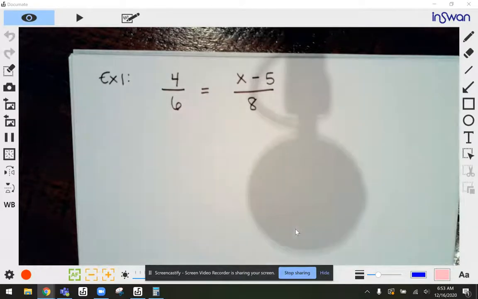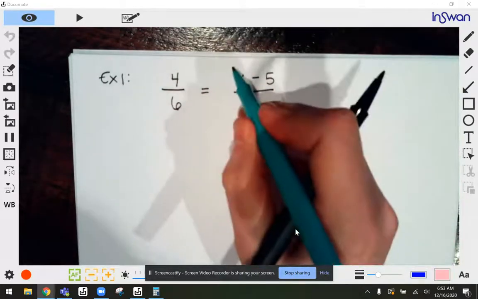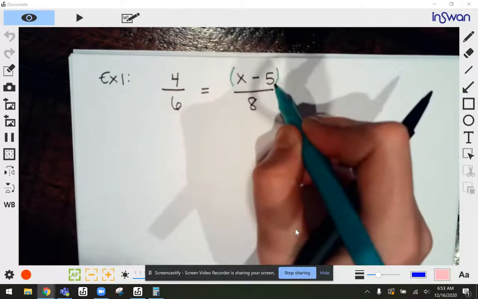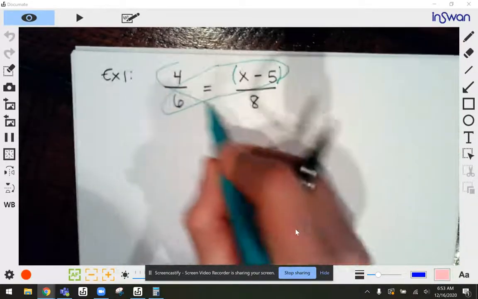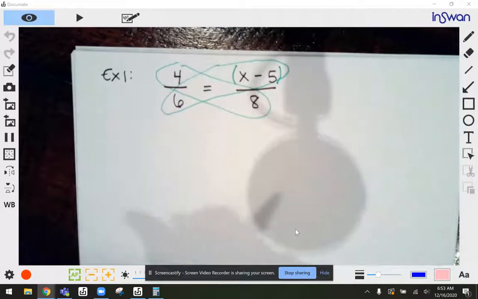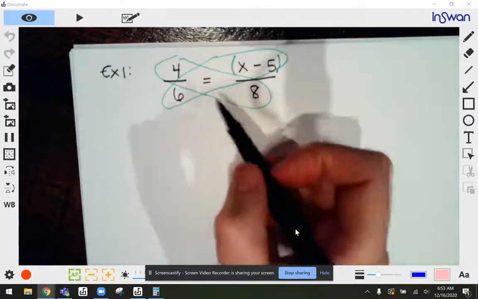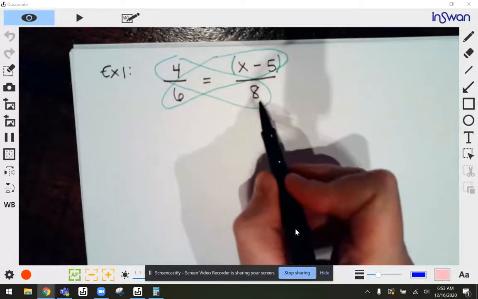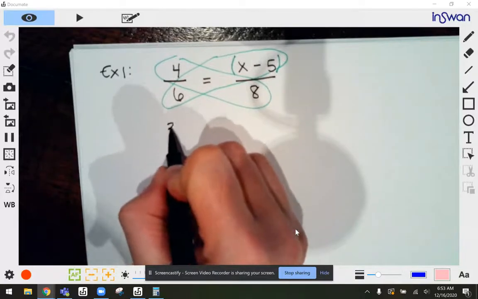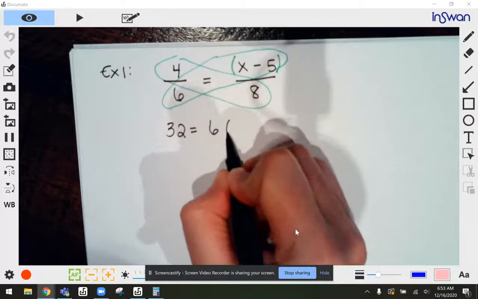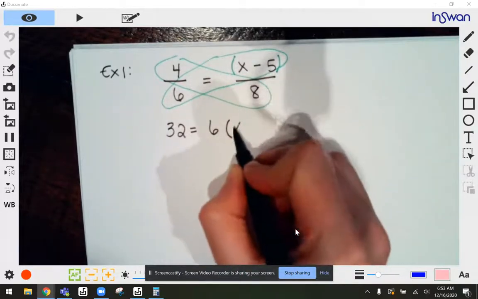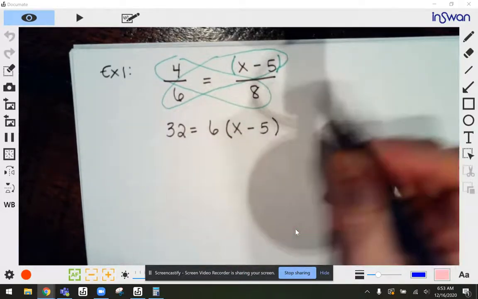Okay, so remember our first step is to put in those parentheses and cross multiply. Okay, so 4 times 8 is 32 equals, and then on this side, 6 times parentheses x minus 5.